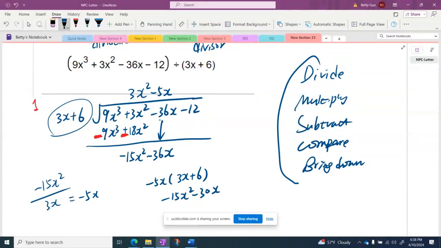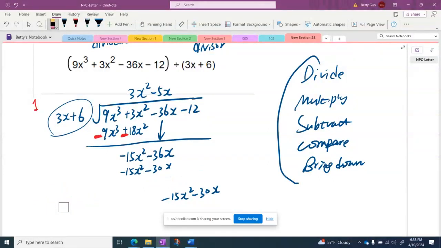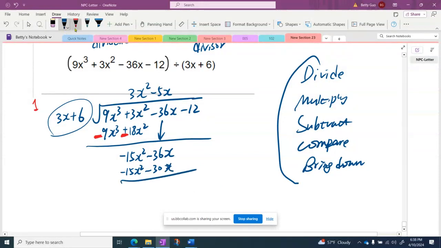And we place that right under the dividend. And then we subtract. And instead of subtracting, we change the sign and we do the addition.